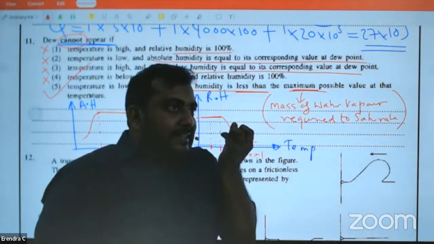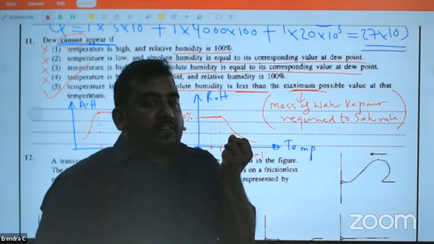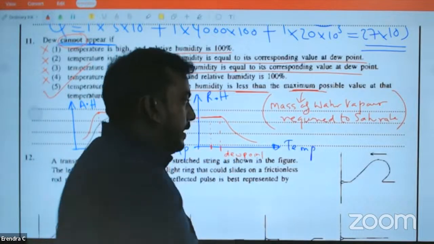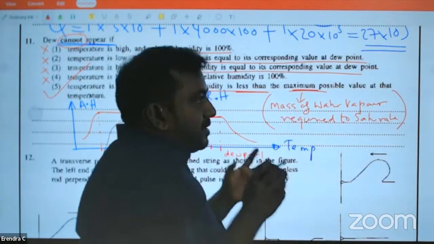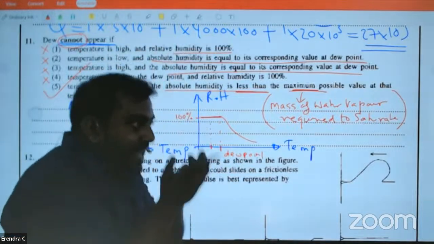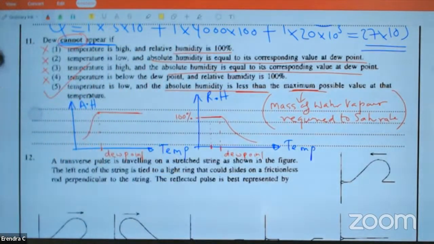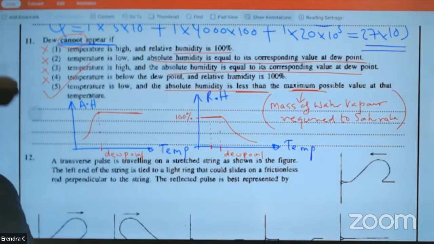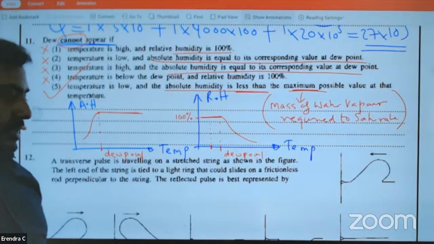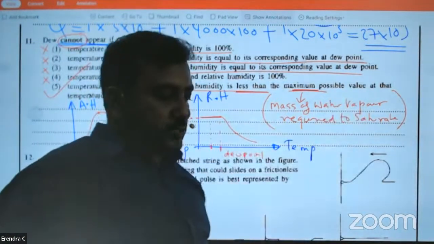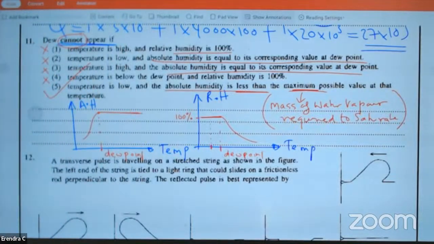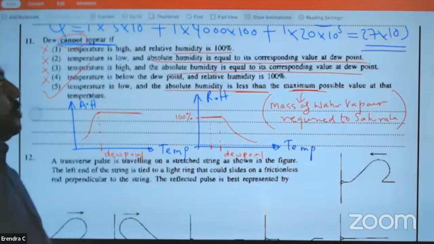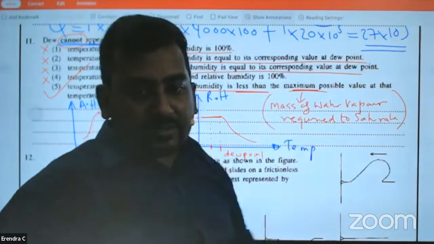If the existing mass of water vapor per volume is less than the maximum, saturation can never take place. So dew cannot form. Therefore, dew cannot form. Okay, no? Perfect. Right.